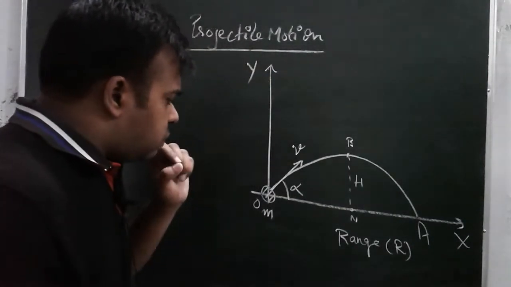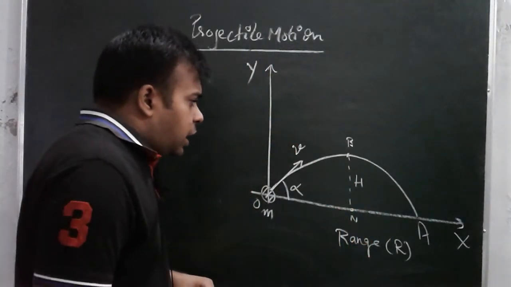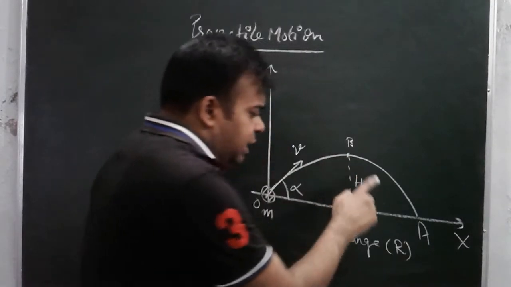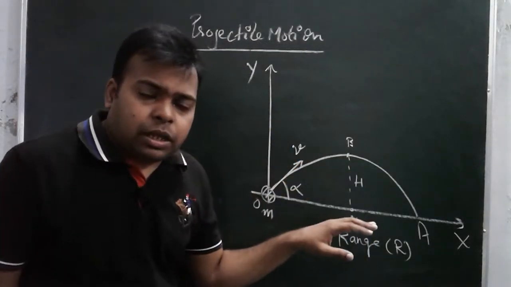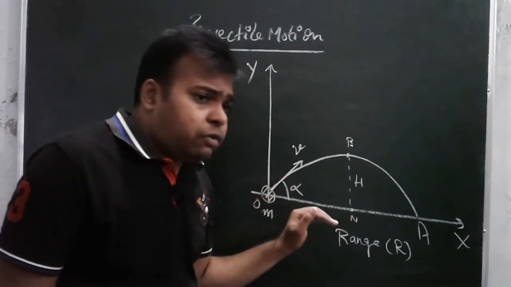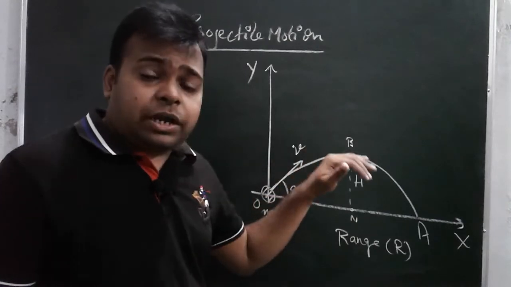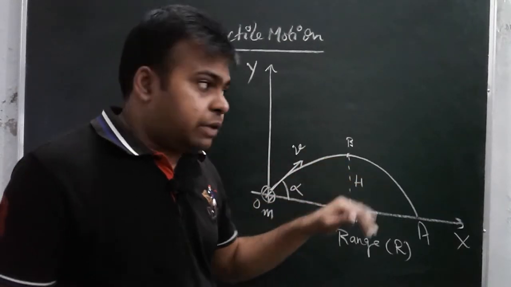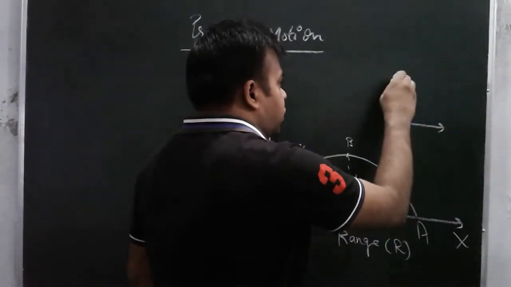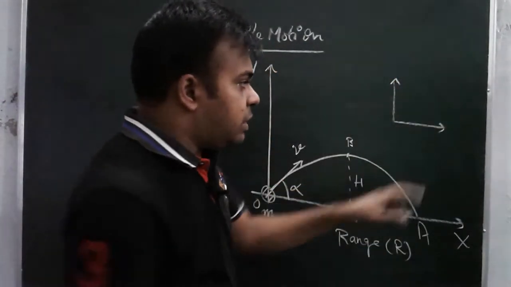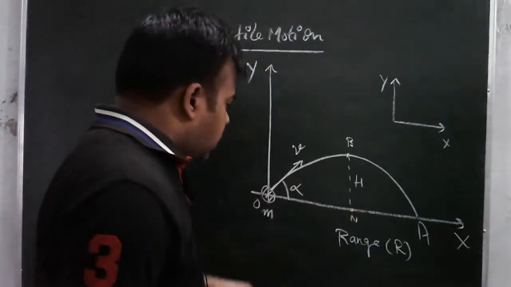You have to note a few points in this diagram. At any time t throughout the motion, the horizontal velocity is always constant, but the vertical velocity is continuously changing. As I told you earlier, this is a two-dimensional motion, so velocity will be in the x direction and also in the y direction.